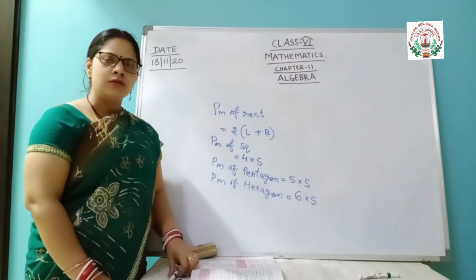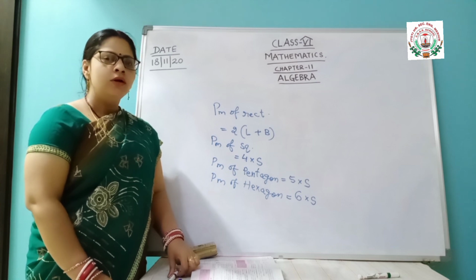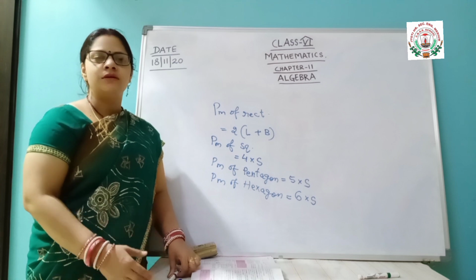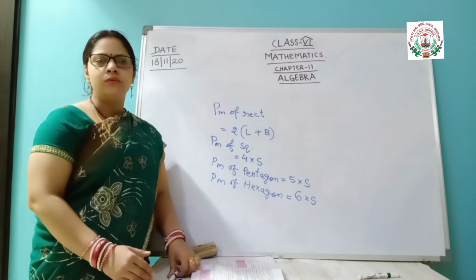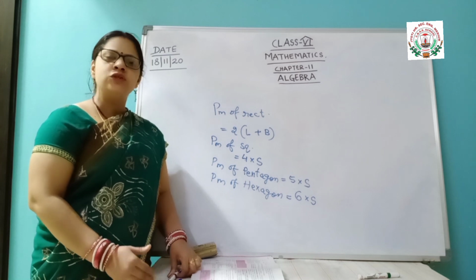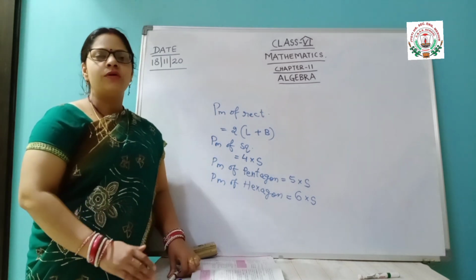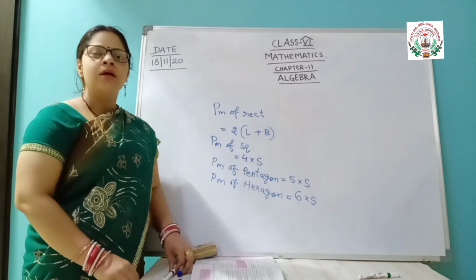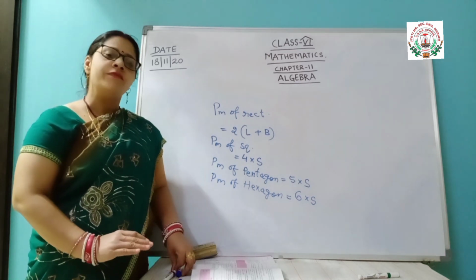There also I explained what the variable is: n. The value of n changes from question to question. That is 1, 2, 3, the next pattern will be 4, the next pattern will be 5, the next pattern will be 6. So the value of n keeps on changing. That is called the variable. Variable means keeps on varying.